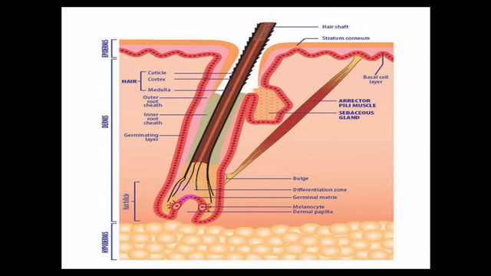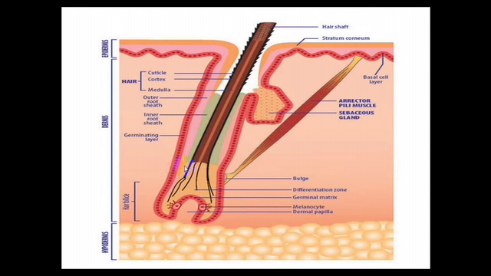The outer layers of the follicular epithelium form the external root sheath. Okay, all these are the glassy membrane, and after that comes the external, or outer, root sheath, which is composed of a single layer of cells at the hair pulp.